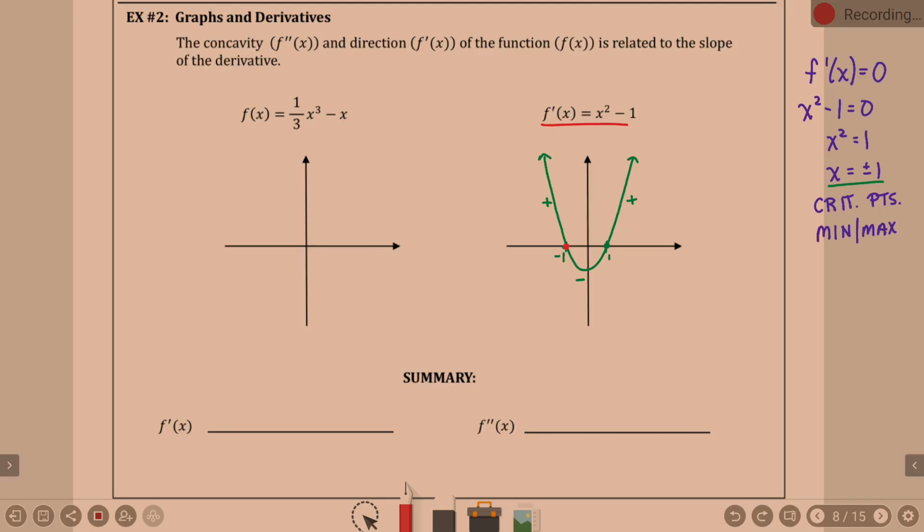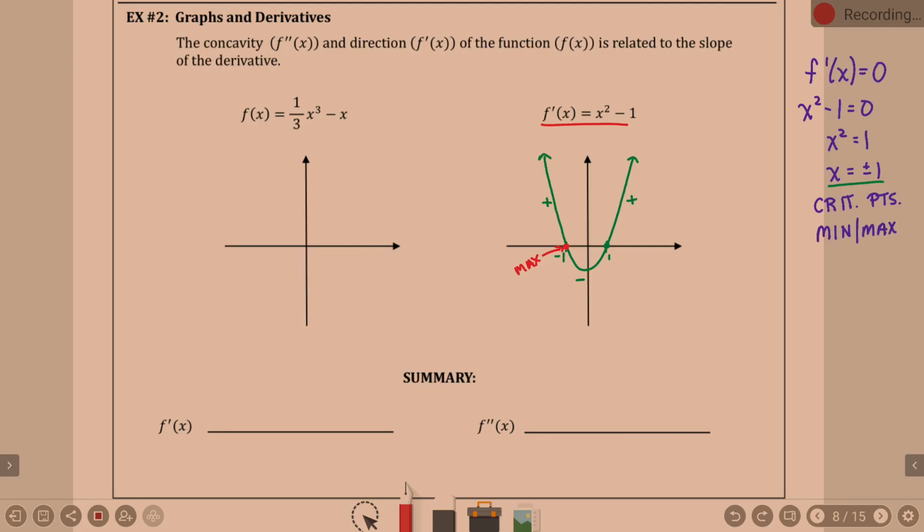That means my original graph is going from increasing to decreasing. So if my original graph is going from increasing to decreasing, what's going to be at -1? An extremum, specifically a maximum, because it's going from increasing to decreasing.